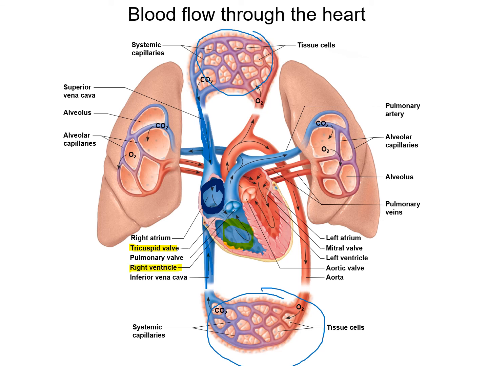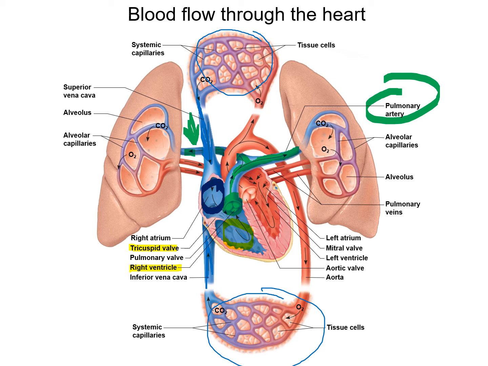Then we pass through the first of 2 semilunar valves. This is the pulmonary semilunar valve because we're going toward the lungs now. We enter the pulmonary trunk. It splits into a left and right branch. Okay, so we have a left pulmonary artery and a right pulmonary artery, which is this structure right here. Hard to draw an arrow, but there it is.